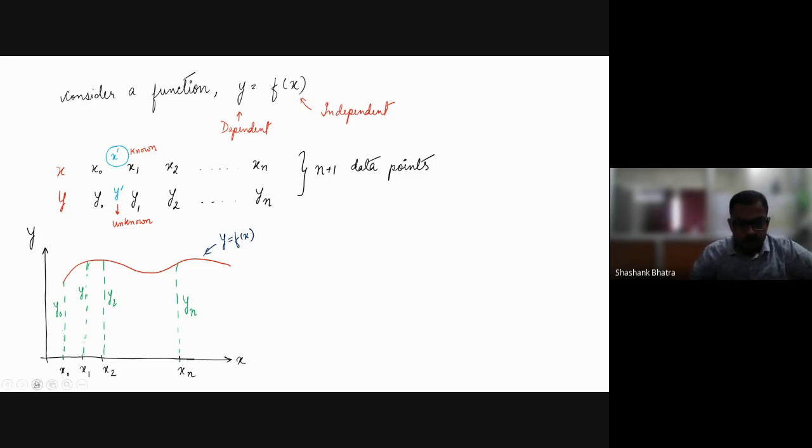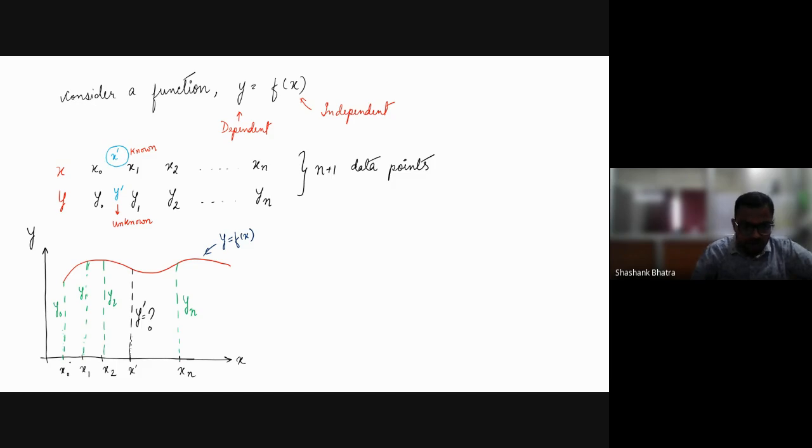So in this case, suppose I have to find, for an arbitrary point, suppose an arbitrary point is x prime, the value of y, which is unknown.